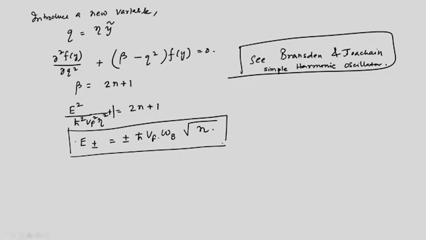Okay. And the unnormalized wave functions we have already talked about, but let me do a little bit more on that. So, instead of the equidistant Landau levels that we have obtained for the 2D electron gas, that is n plus half h cross omega, where n equal to 0, 1, 2, etc. Here the Landau levels do not depend on the index n in a linear fashion, rather it depends on it in a quadratic fashion.